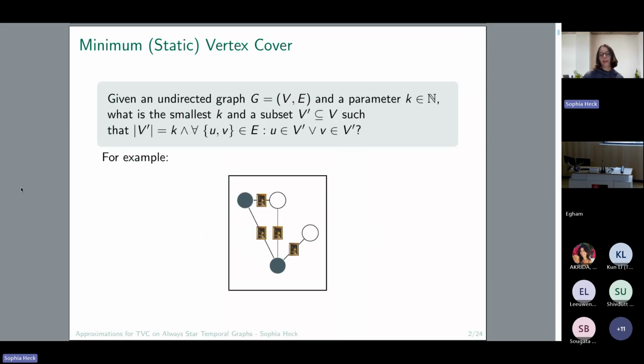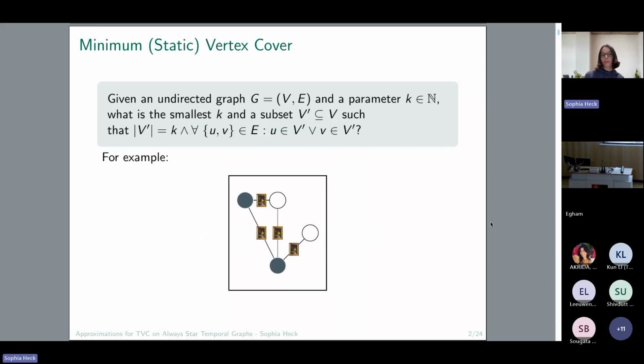We might want to place security cameras into the corners. Of course, we want to have all artwork covered and want to place the minimum number of security cameras. So in this toy example, we could select this vertex here and this vertex here, and thereby cover all artwork with the minimum number of cameras.